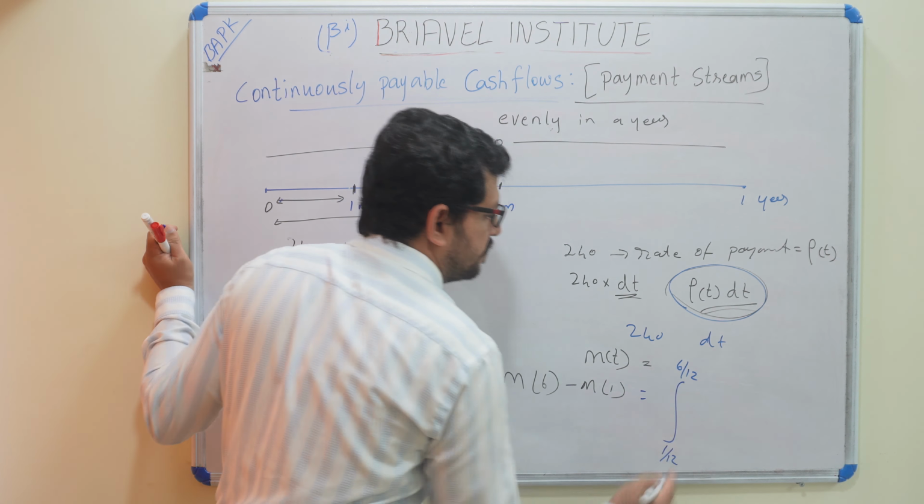So in the question, the number of policies issued in a year determines the rate of payment. Because 10,000 is constant in a year, but we will not issue all 10,000 immediately. At the start of the year, time 0, 0 policies are issued. But in 1 year's time, 10,000 policies are issued. So the rate is changing with the number of policies.